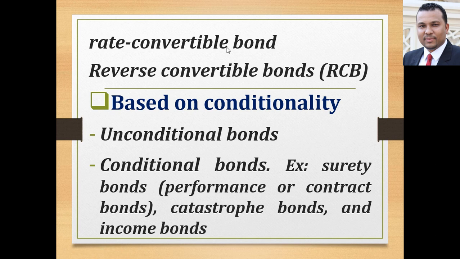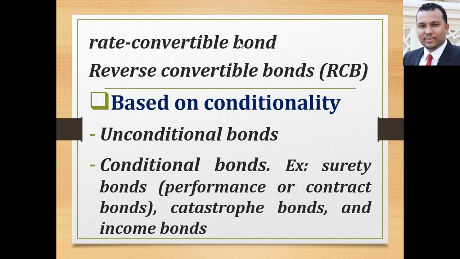Some variable rate bonds are convertible to fixed rate bonds until maturity under specific conditions. So we can call any variable rate bond converted to a fixed rate bond until maturity a rate convertible bond. This is rate convertibility.